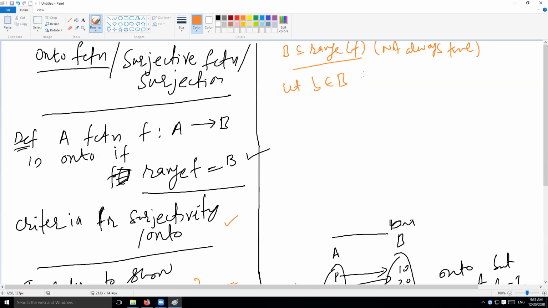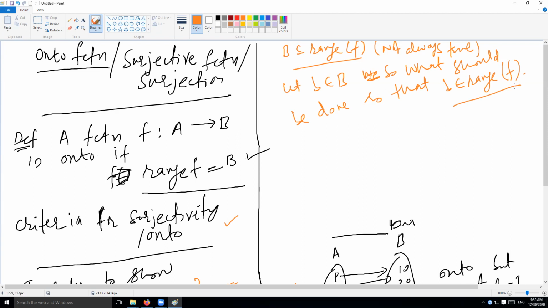And we want to show, so the question is, what should be done so that I can conclude that b belongs to range of f? So any suggestion?